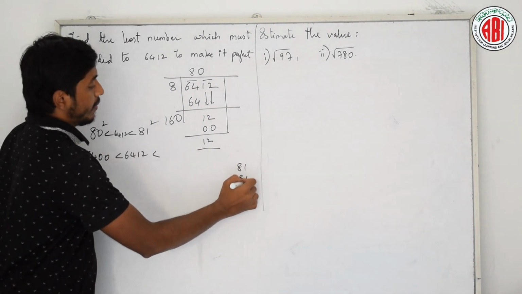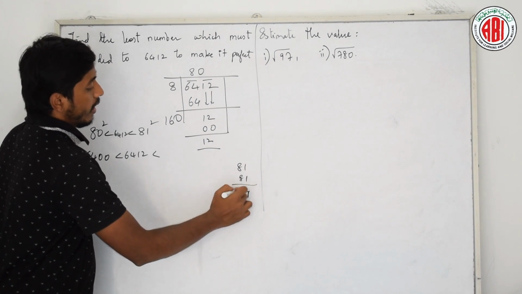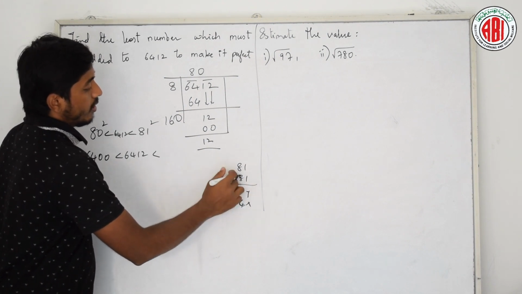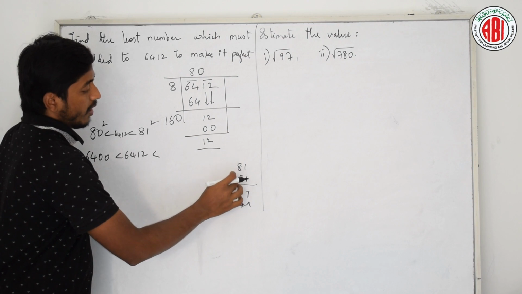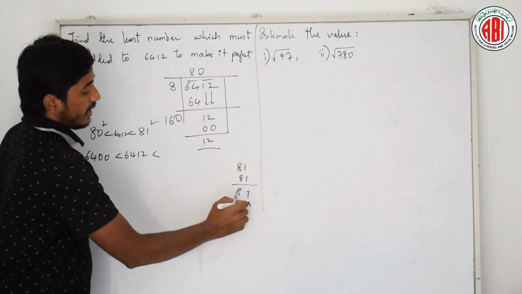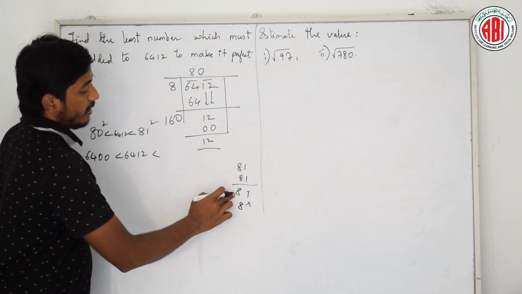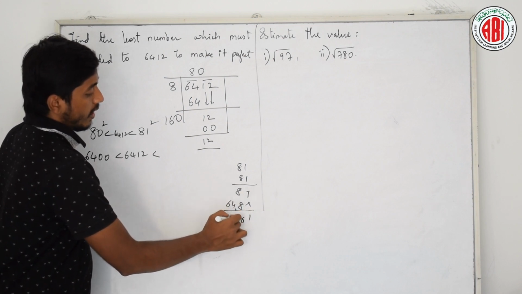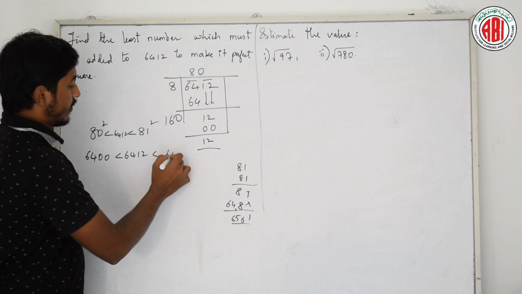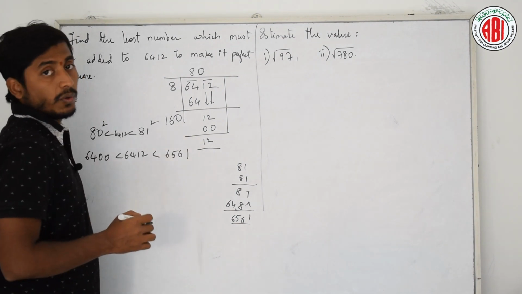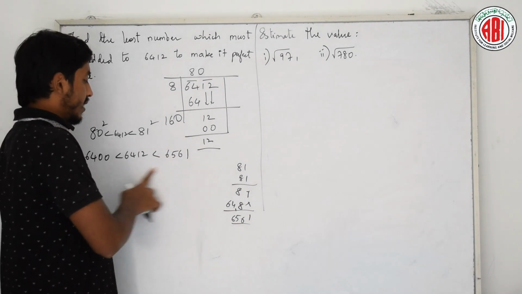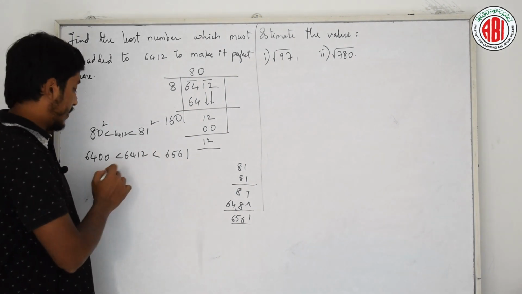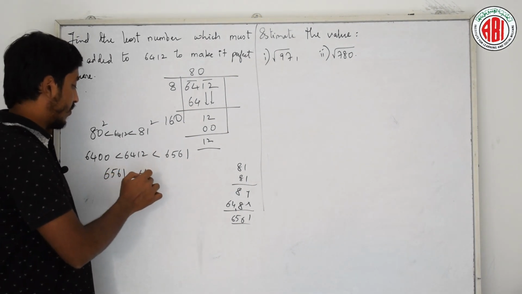Let us multiply 81 by 81. 1 8s are 8, 8 8s are 64, that is 6561. Now tell me what is the difference between these two? That is 6561 minus 6412.